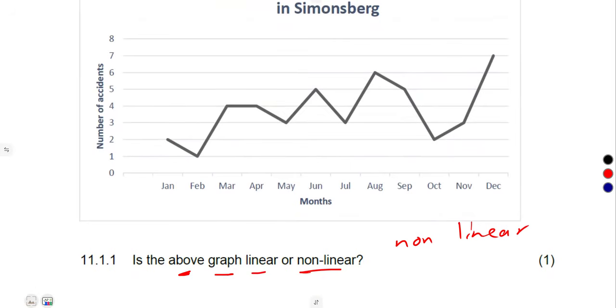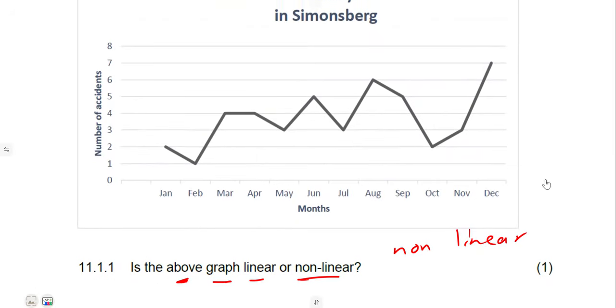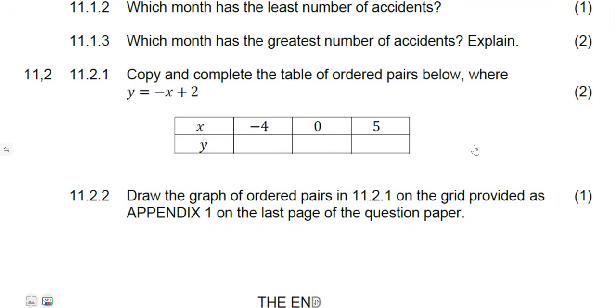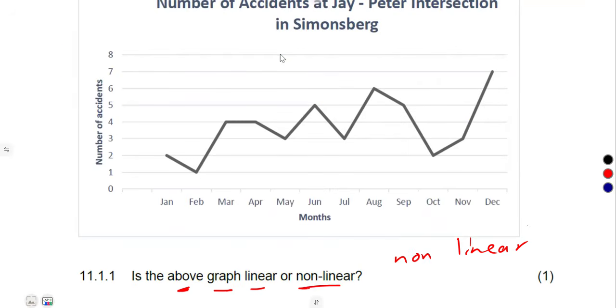So we must be very careful the way that we are simplifying. You just need to study the graph the way that it is given. Then 11.12 asks which month has the least, that is the smallest, number of accidents.